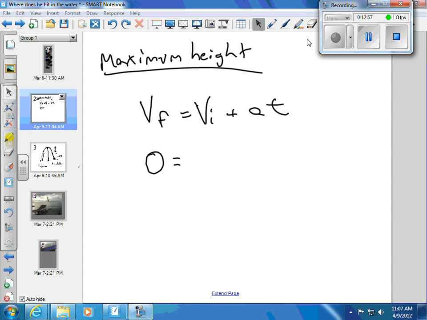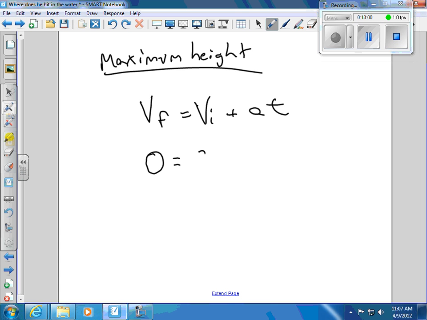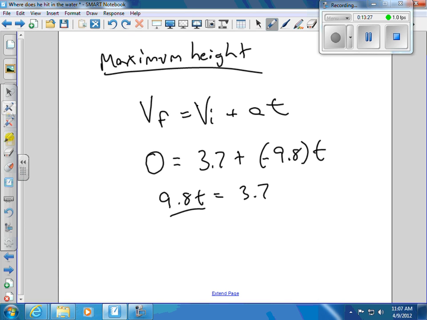What you've got to do is find the maximum height. For solving for maximum height, we have to find the time to get to that maximum height. So plus 9.8 times time, 9.8 t equals 3.7, divided by 9.8, about 0.3 seconds.